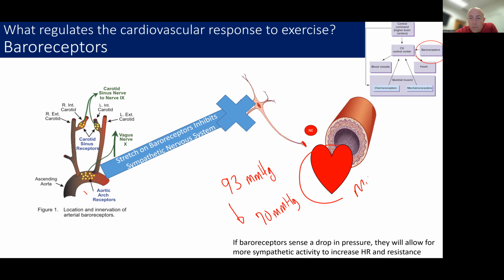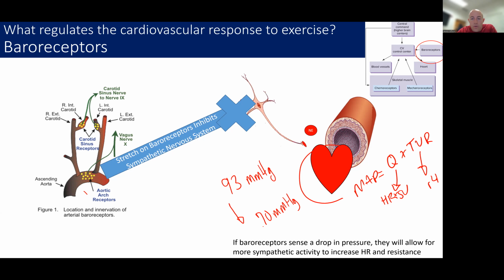Remember, mean arterial pressure is equal to cardiac output times total vascular resistance. Cardiac output is influenced by your heart rate and stroke volume. And the resistance is primarily related to the radius of your vasculature, of your resistance arteries, mostly.